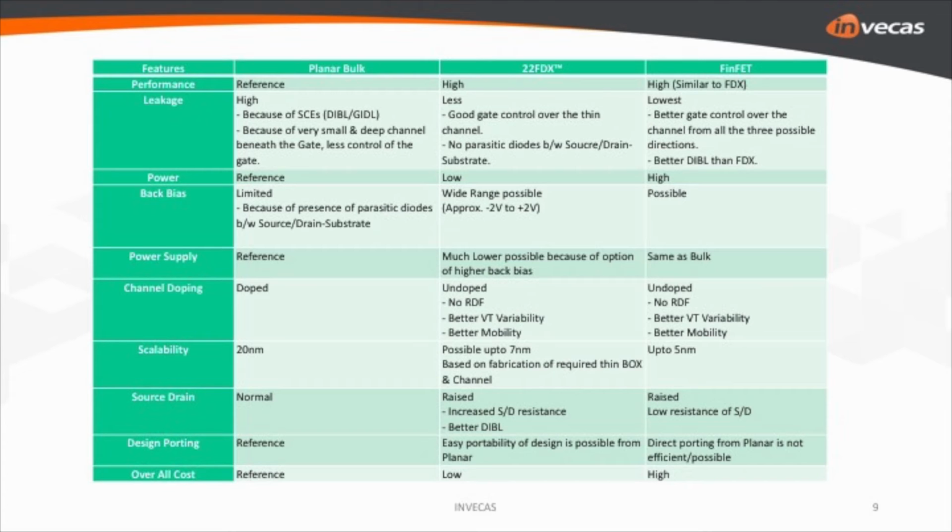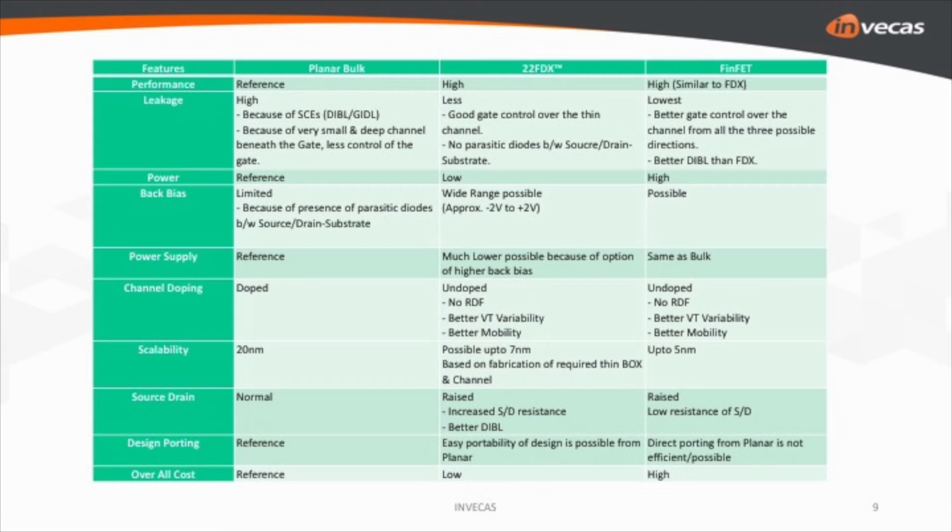Now when you compare the source drain in planar bulk, which is very normal, and planar 22FDX, the source and drain are a bit raised, which means there is an increased source resistance, which gives us better DIBL. In FinFETs as well, it is raised, but the only difference is we have low resistance of source and drain.